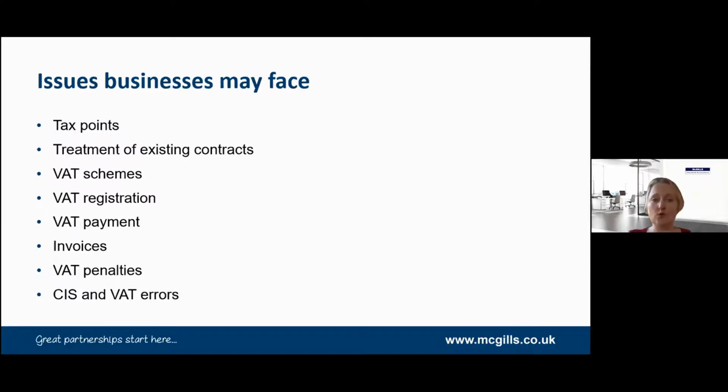As with all new things HMRC bring in, they always have a soft landing, and this is the same for the reverse charge. So they understand that there will be some difficulties in implementing, and if mistakes are made, as long as they're not deliberate, then they will not issue penalties.